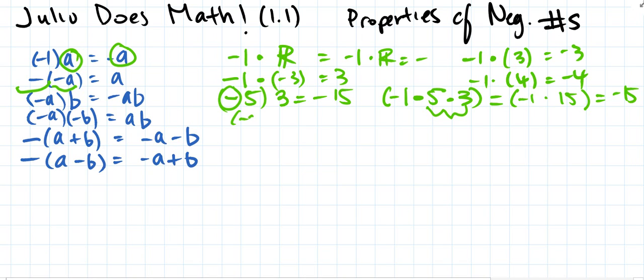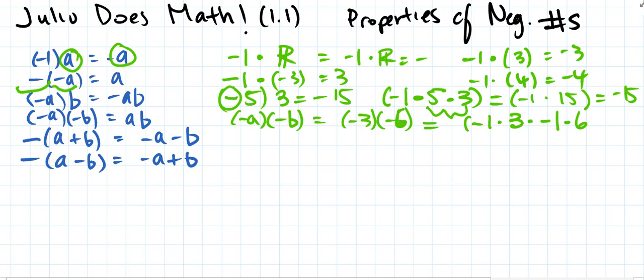If you have negative a times a negative b, we're going to plug in numbers for that. So we're going to plug in negative 3 and negative 5. Again, we can use the associative property of multiplication. You have negative 1 times 3 times a negative 1 times, we'll make b 6. Or you can group like numbers.